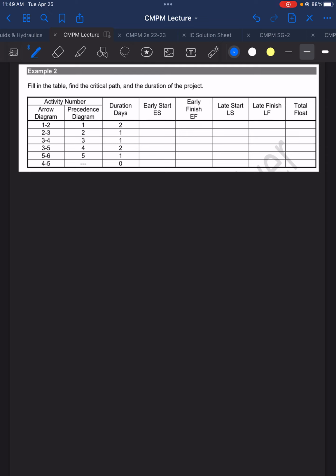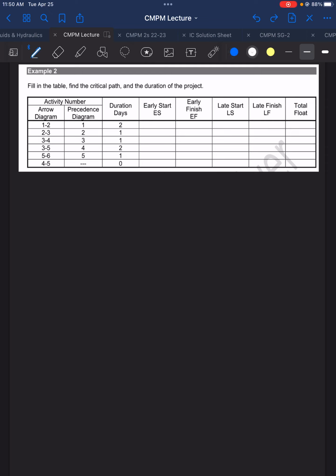We have here the arrow diagram and the precedence diagram. This signifies the activity, and this signifies the event, or the node. And this is the duration of each activity, and then we will fill in this table here.